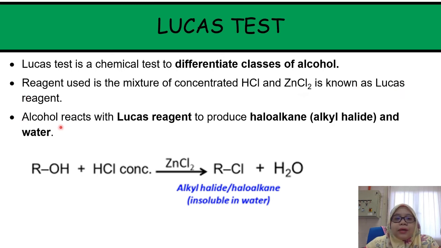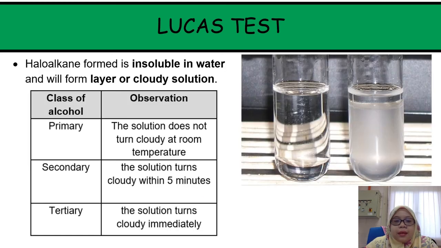So when alcohol reacts with this Lucas reagent, it will produce an alkyl halide and water. In this case, our hydroxyl group will be replaced by chloride from the hydrochloric acid, producing the alkyl halide. The alkyl halide formed is insoluble in water, so it will form a layer or cloudy solution.